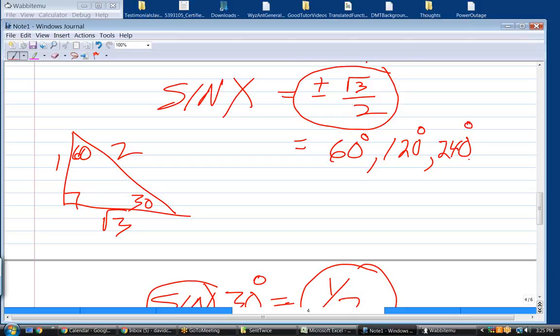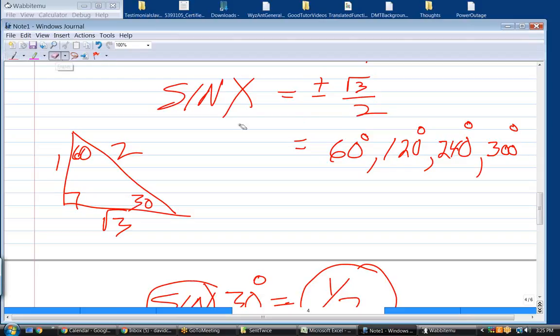In other words, if I said, what's the sine of 240, it would be minus square root of 3 over 2. And finally, in the last quadrant, it would be 300. The sine of 300 is minus square root of 3 over 2. Right. So basically, the way I got these four angles was by taking the inverse sine of this number.